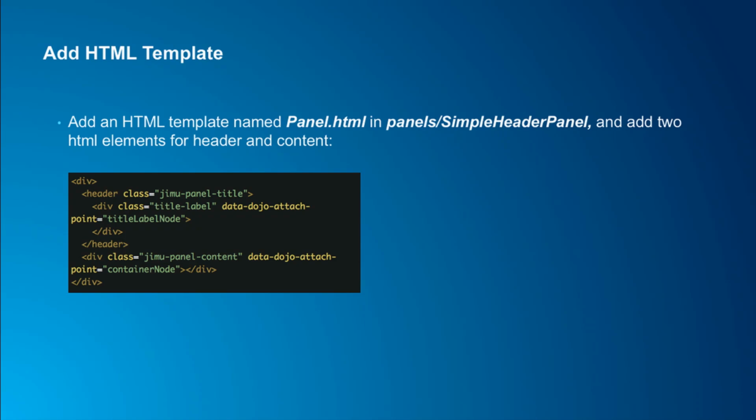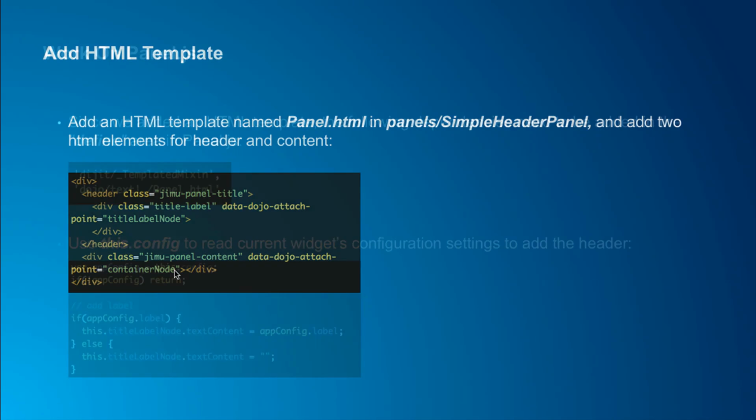And if you open the simple header panel folder, it doesn't have the HTML template in it yet. So we are just going to simply add the HTML template for it over here. It has the container for the title of the widget and also the content of the widget.